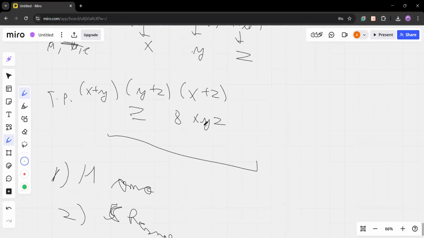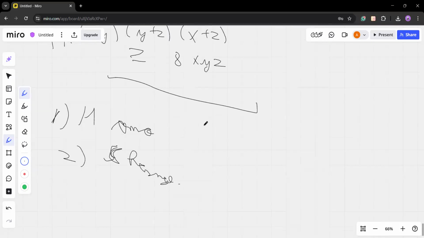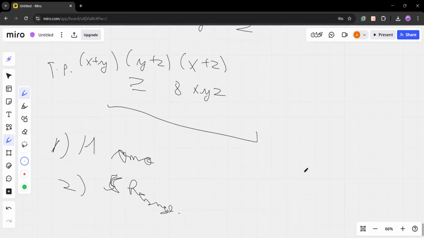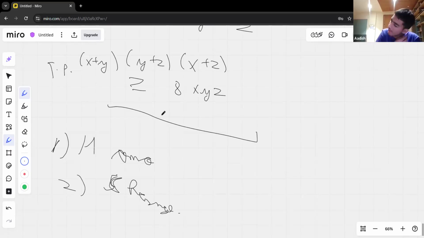Sometimes getting rid of a variable is fine, and as you do more problems, you will figure out when you want to do that. But usually in inequalities, it makes sense to keep the symmetry of the problem. If the problem is symmetric, just keep it symmetric. Don't try to get rid of a variable in general.